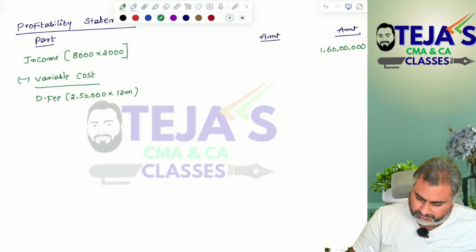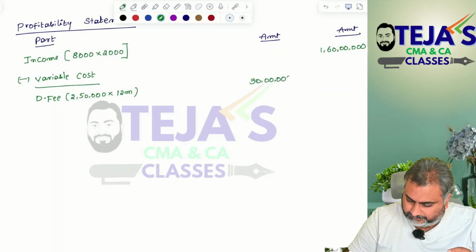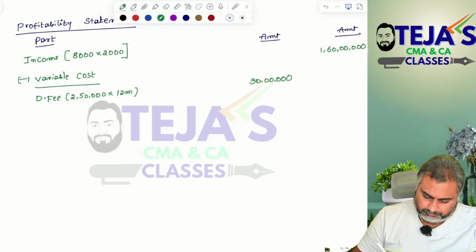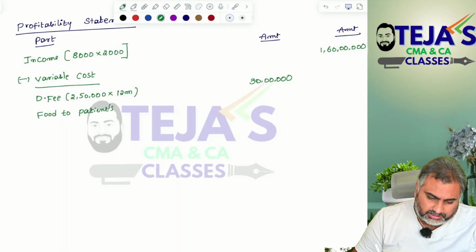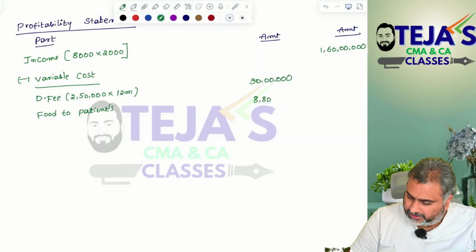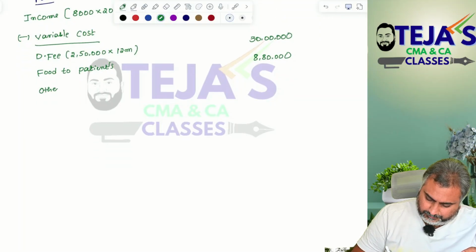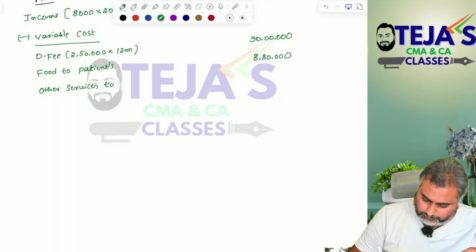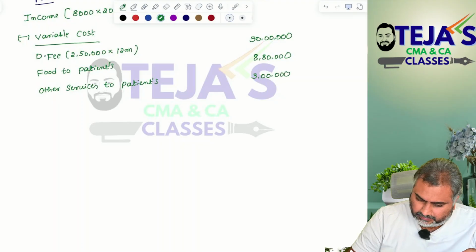That's the reason we are converting doctor's fees into variable expenses. Into 12 months, that is equal to 30 lakhs. Okay, fine. Next, food to patients. How much is given? 8,80,000. Next, other services to patients, given in the question, 3 lakhs.